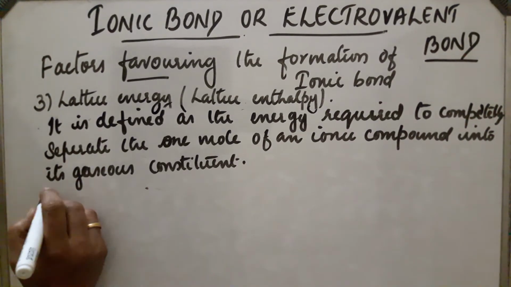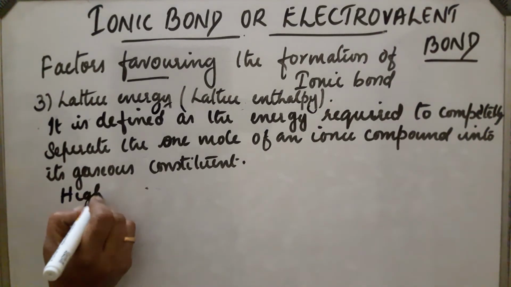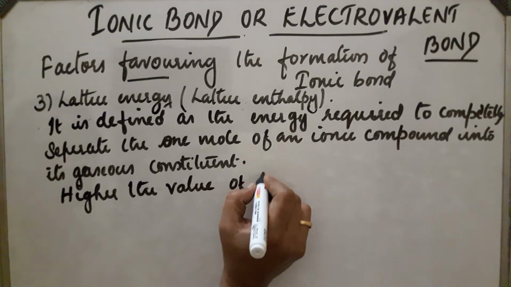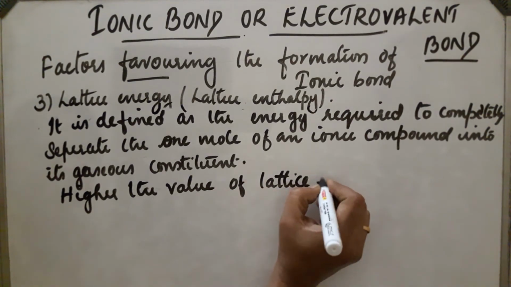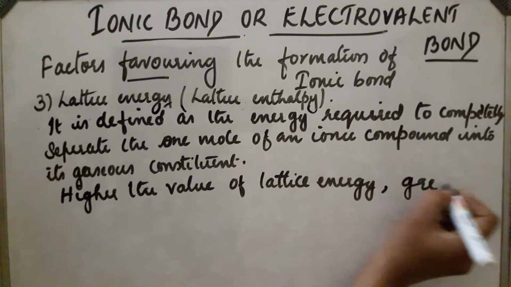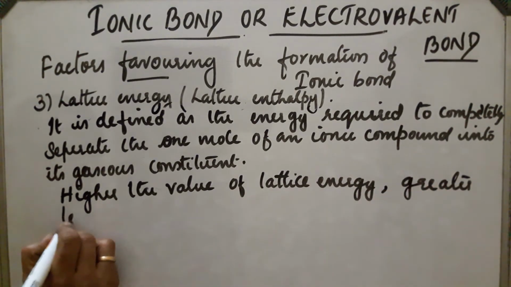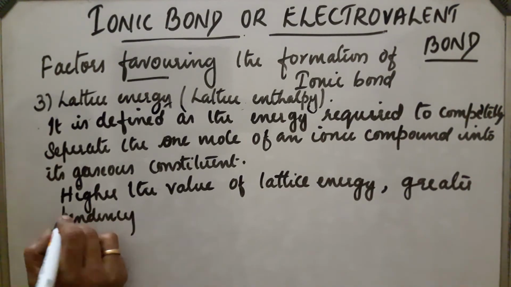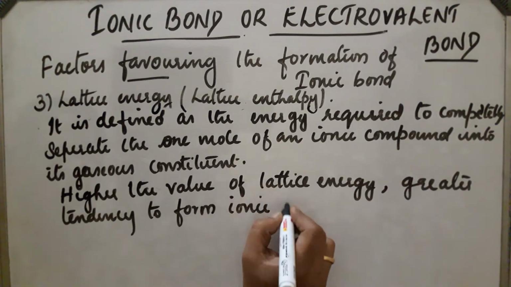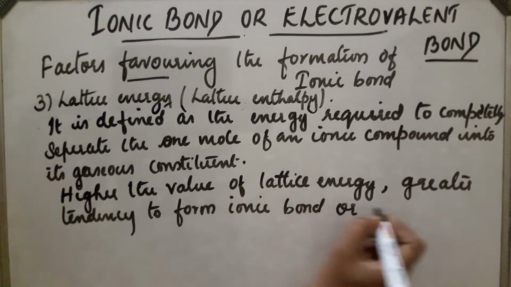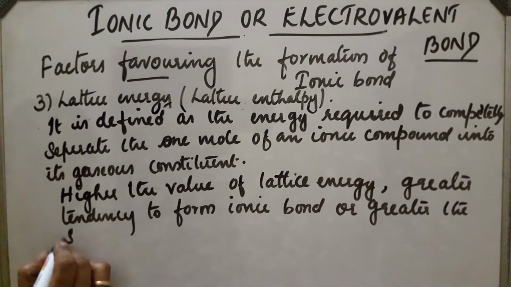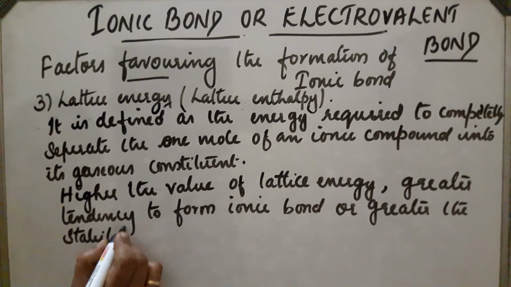So, we can say higher the value of lattice energy, greater will be the tendency to form ionic bond, or we can say greater the stability of ionic compound.